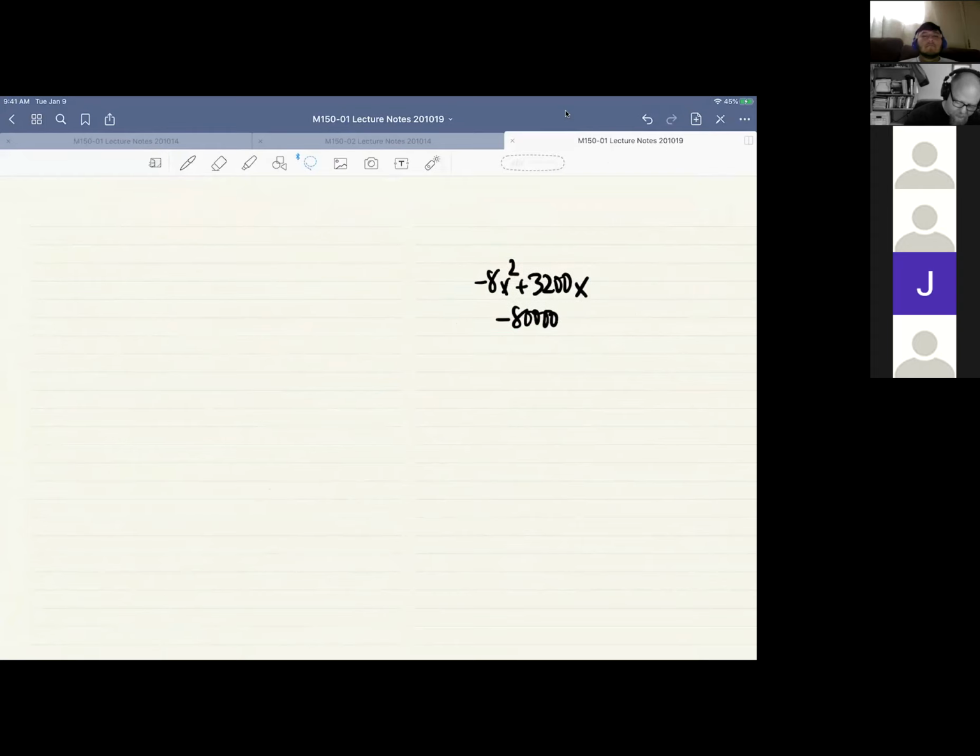If it's not too long of an answer, it won't take too much. So I've copied this over so I can recopy it. Let's imagine that we have this profit function.